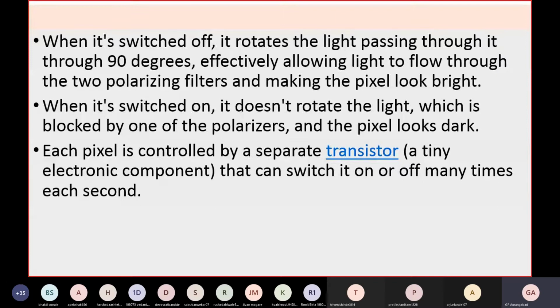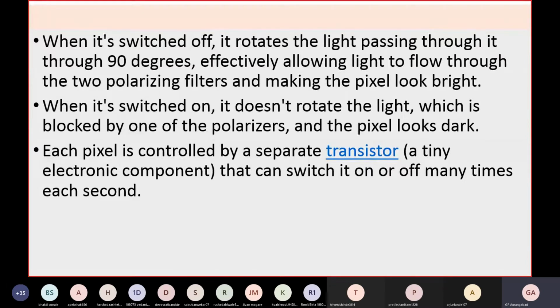Each pixel consists of RGB colors, so there will be three dots or three colors for each pixel. For these three colors, every pixel will have one thin TFT transistor, which controls whether it is switched on or switched off.